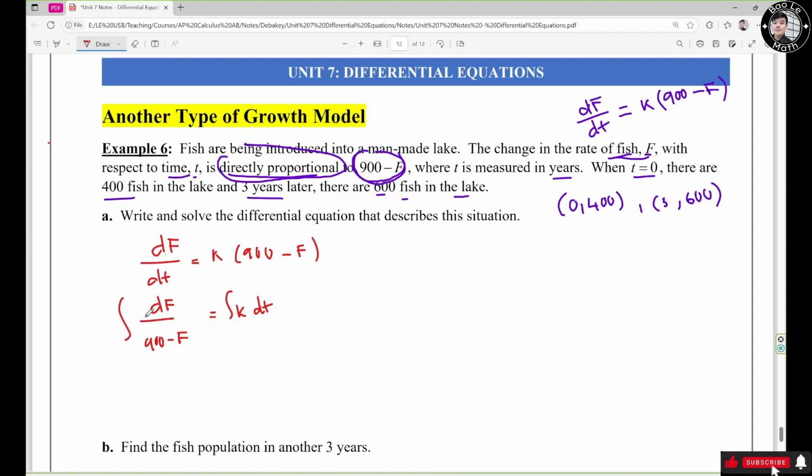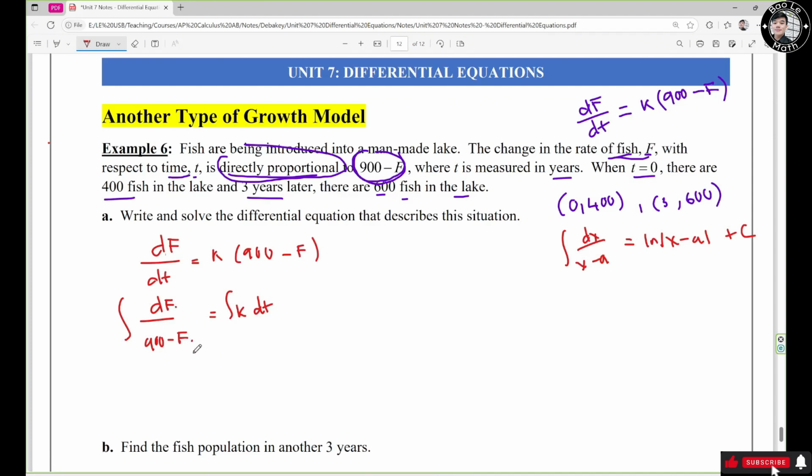Now we need to solve this one. Remember, if you have the anti-derivative of ds over s minus a, it's going to be natural log of absolute value of s minus a plus c. But this one is a minus f. f is the variable.